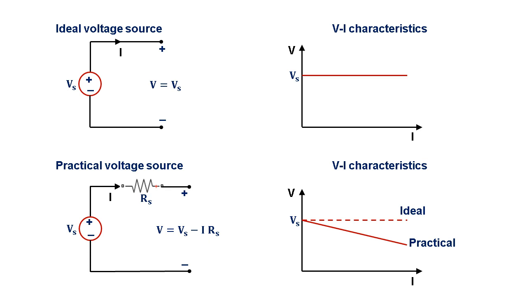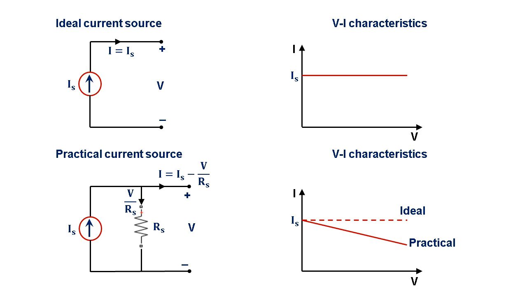If you see the VI characteristics of practical voltage source, it is deviated from the straight line, that is the ideal characteristics. This deviation is due to the voltage drop across the resistance Rs, that is I into Rs. This drop is the reason for voltage deviation.